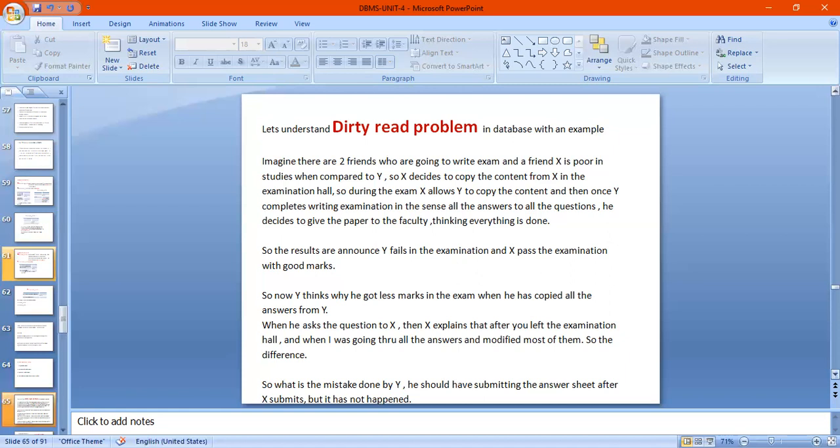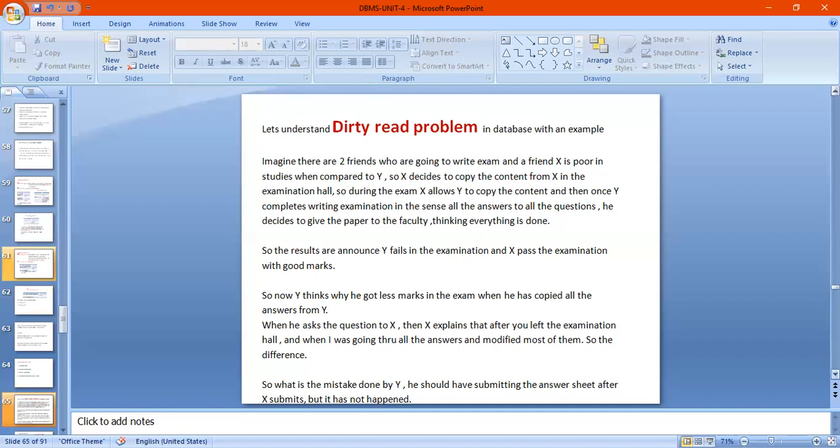And then once Y completes writing the examination, in the sense all the answers to all the problems, he decides to give the paper to the faculty thinking everything is done. So the results are announced. Y fails in the examination and X passes with good marks.